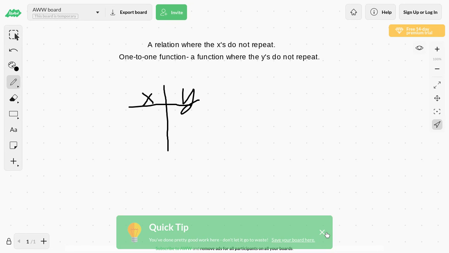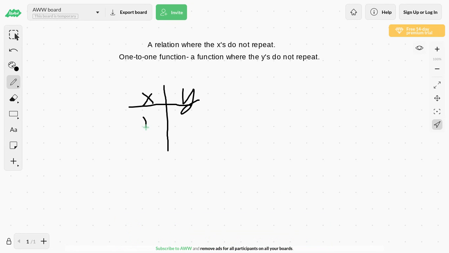So they'll say, there's a 1 there, and a 4 there, and a 2, and a 7, and a 4, and a 4. And they'll say, is it a function? And is it 1-to-1?